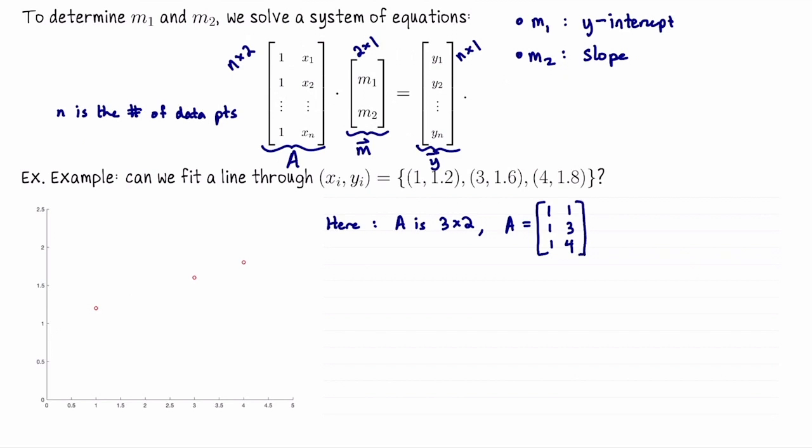M is unknown. M is ultimately what we're solving for, so we can't write it down yet. Y is going to be 3 by 1. And in particular, here it's the vector of y measurements. So that's going to be 1.2, 1.6, 1.8.